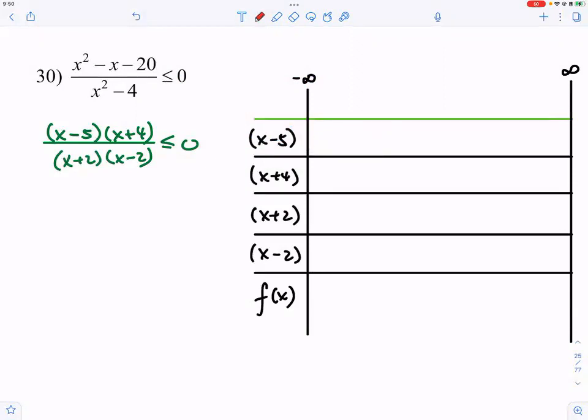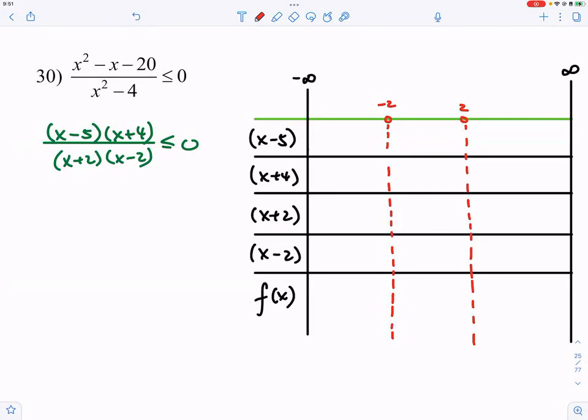Now we have two vertical asymptotes, meaning that there are two x values that cannot be valid. We have -2, and we have +2. Sorry, they should both be open circles. To make the sign chart more visible, I'm going to draw a pair of dashed lines to indicate my vertical asymptotes, basically like the actual graph.